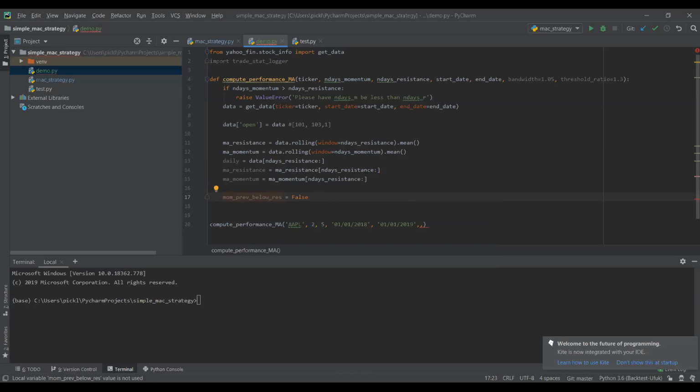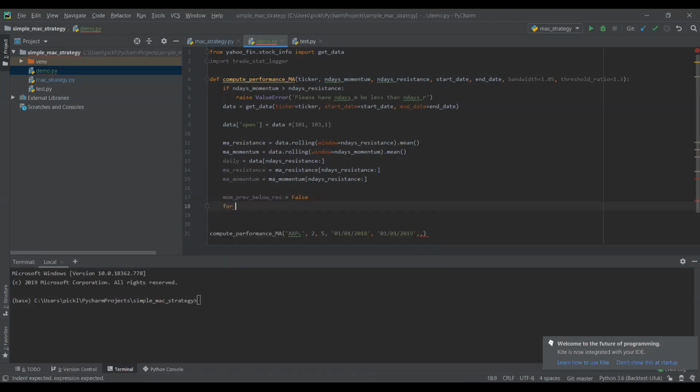So what this variable tells us is if the momentum was previously below the resistance, because when you want to buy, you want to buy when it was previously below, then surpasses it. Because that's when you know you passed the resistance. And that is what the variable is for.